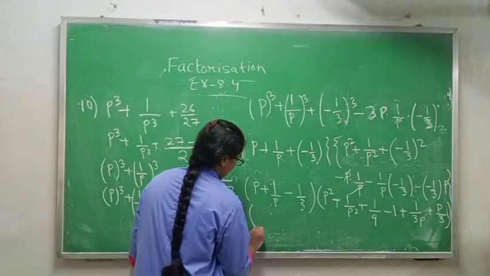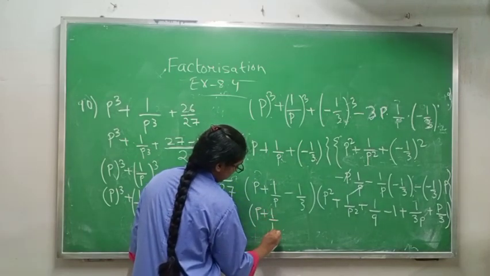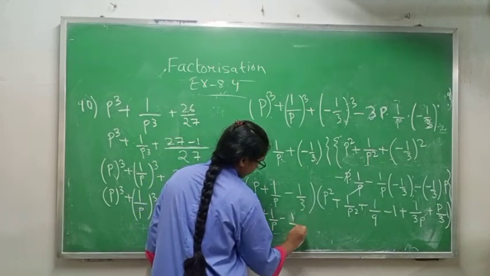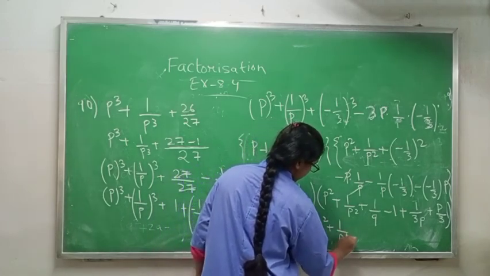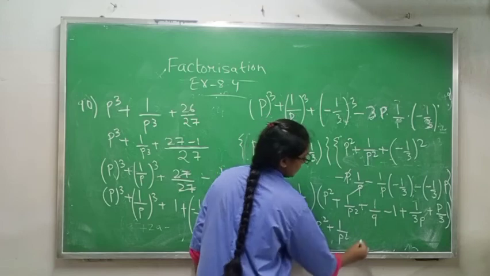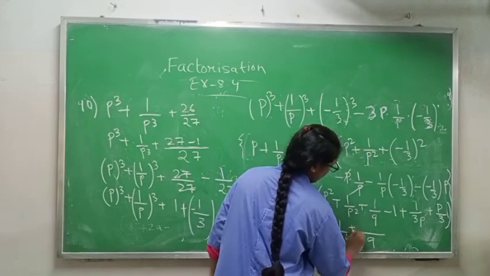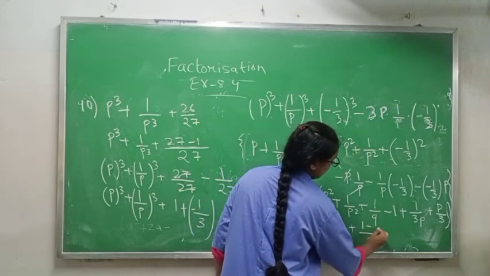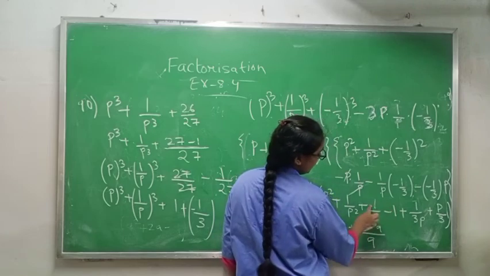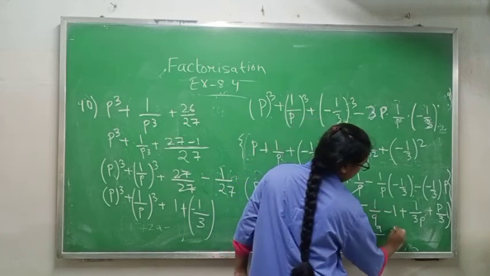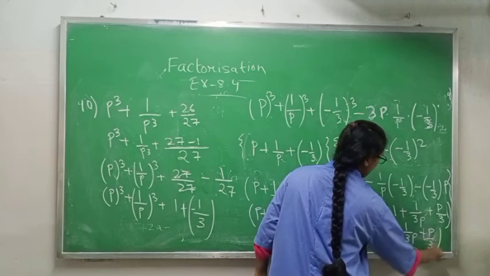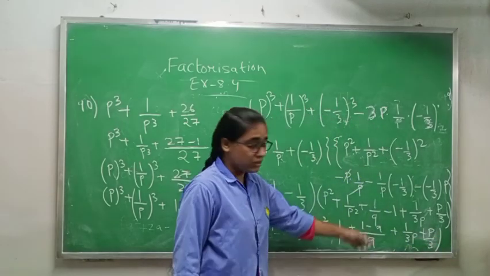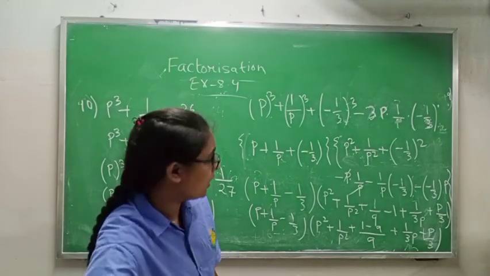Okay. Now you can see one thing you can solve. Plus 1 by 9 minus 1 by 9. When you take LCM, you will get 1 minus 9. This plus 1 by 9 and minus 1. Plus 1 by 3p plus 3 by 3. So when you subtract, you will get minus 8.